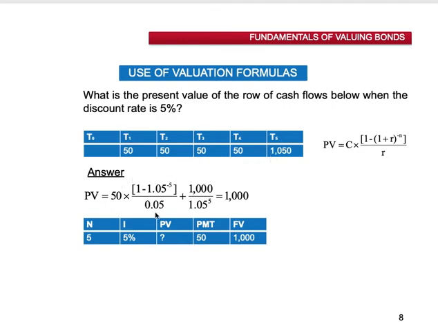Now, here you can see the first part of the equation, which deals with the present value of only the coupon payments. This part over here. And we have a separate equation for the present value of the face value. Well, the sum of both is going to be 1000.